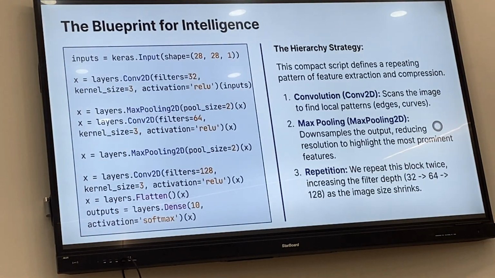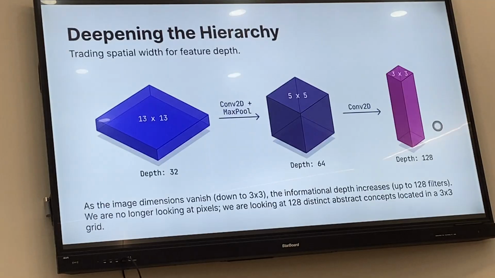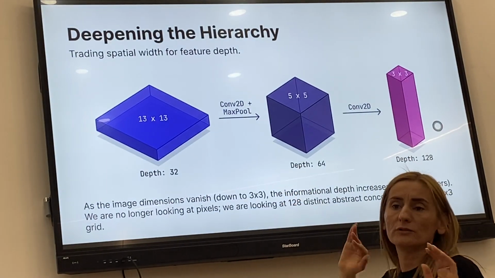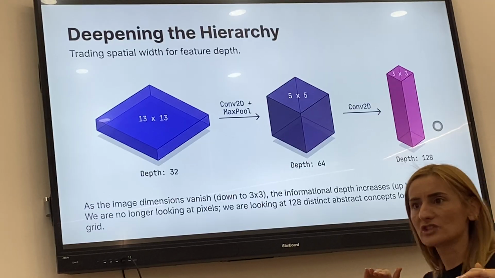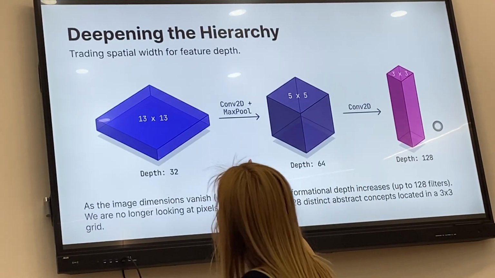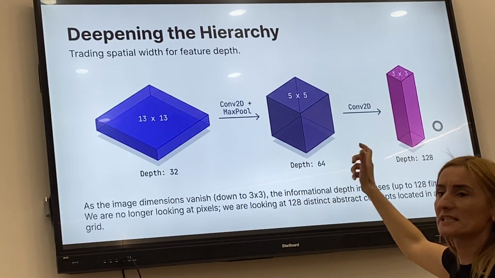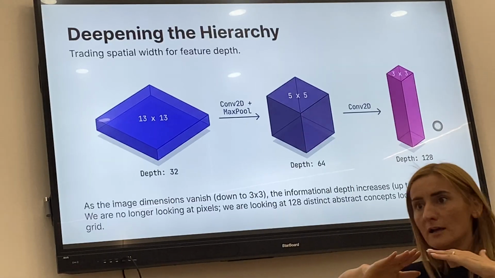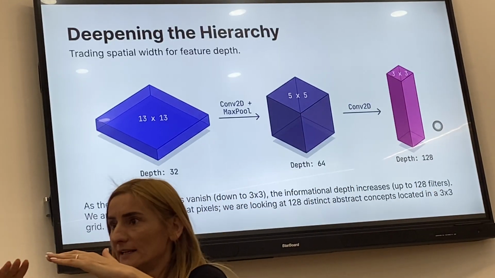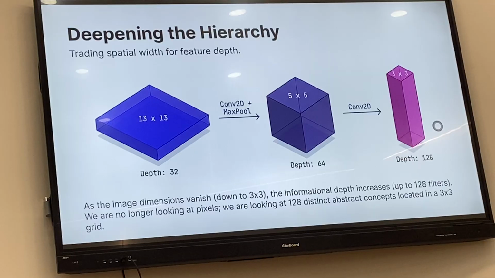So in the next iteration, we had 13 by 13 with a depth of 32, that's the number of channels. And after that, going on with the convolutional plus the max pool, in the second iteration we are applying another convolutional layer with 64 filters. And after that, the max pool, still with the same pool window 2 by 2. So the data are still shrunk.